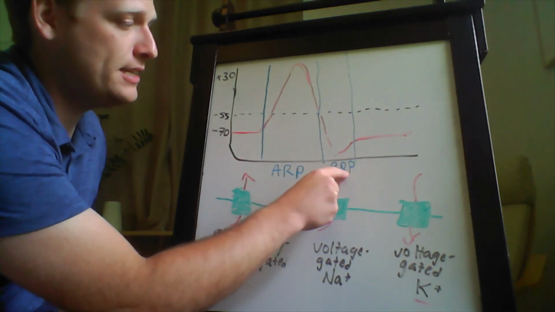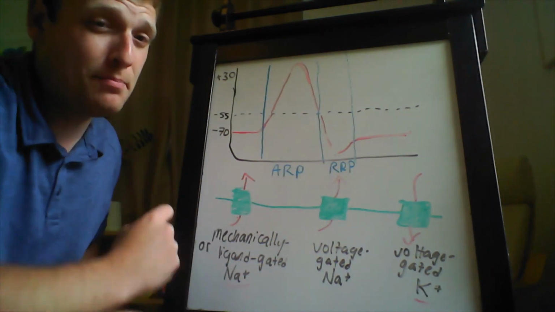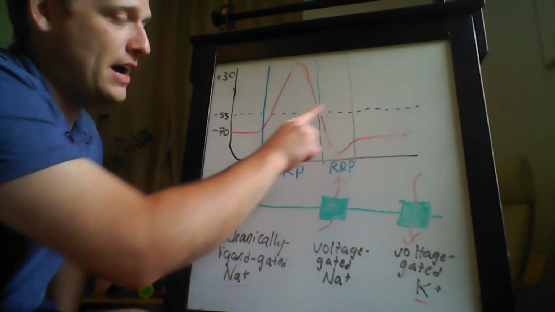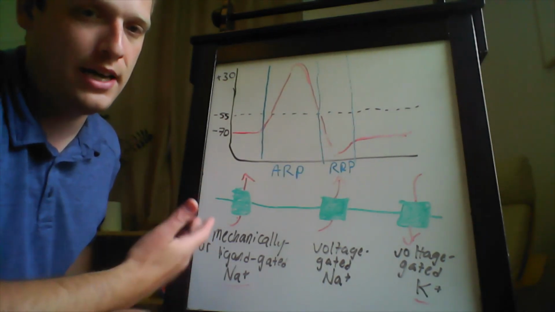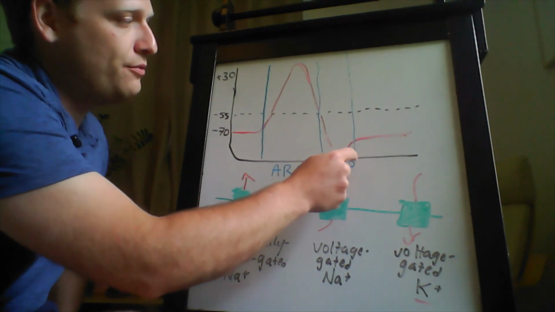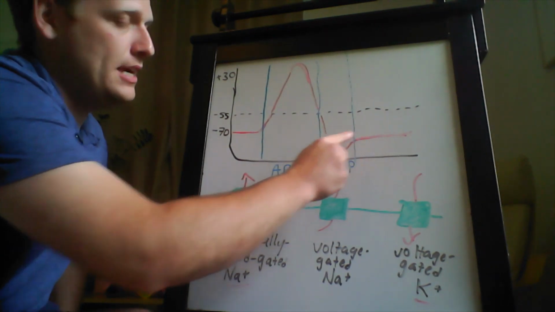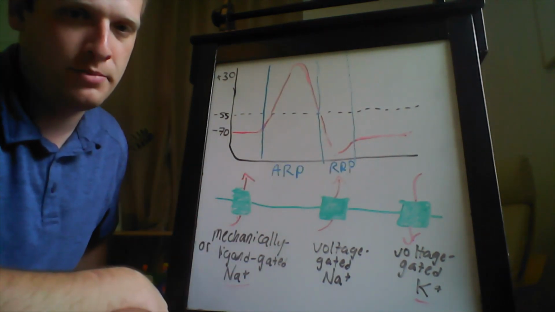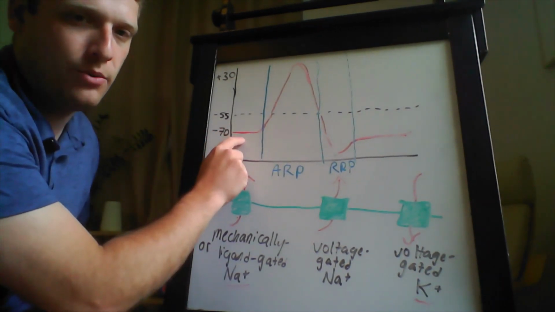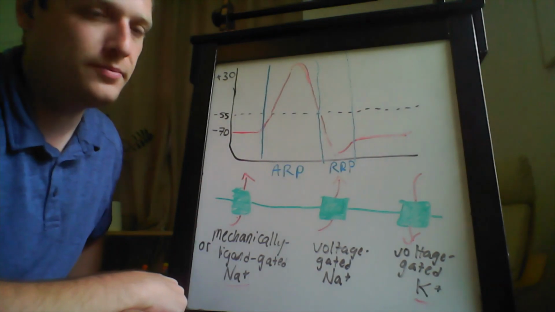And during the relative refractory period, it's not impossible, but it's much more difficult to bring this value up to the threshold to initiate another action potential. But after the relative refractory period, the neuron is back to its resting membrane potential and ready for another action potential to fire, just like it was at the beginning of this cycle.